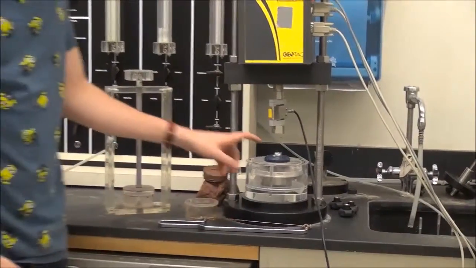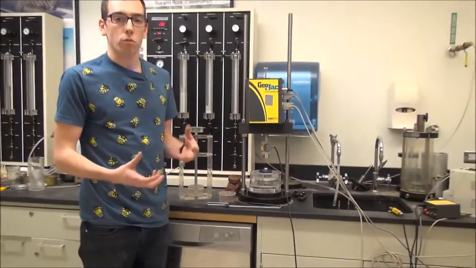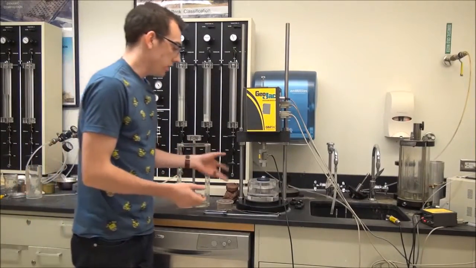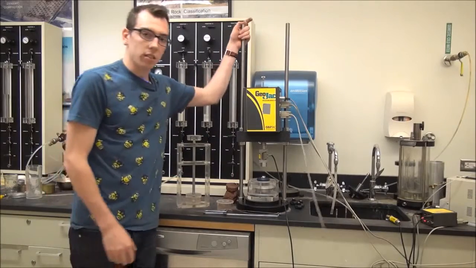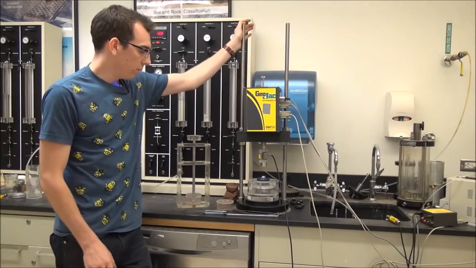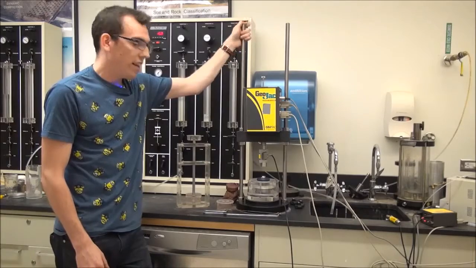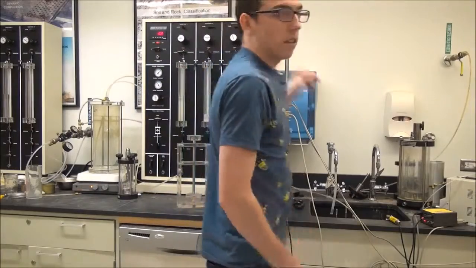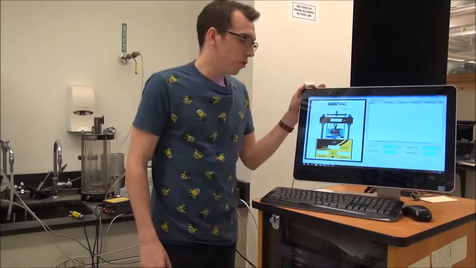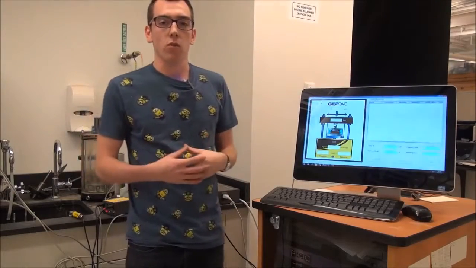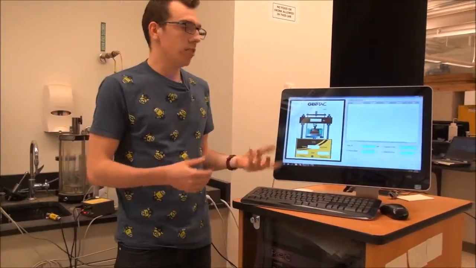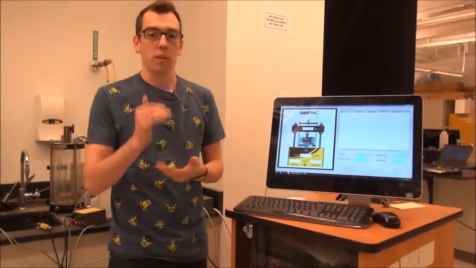Now, again, this would be filled with water, and the porous stones would allow water to leave and enter the void spaces of the sample that you have. This geojack system is a pretty incredible piece of technology we have in the labs here. It allows us, coupled with the software on the computers over here, to define parameters for the loadings, the time the loadings are applied, and it also takes readings of the strength and vertical displacement of the soil.